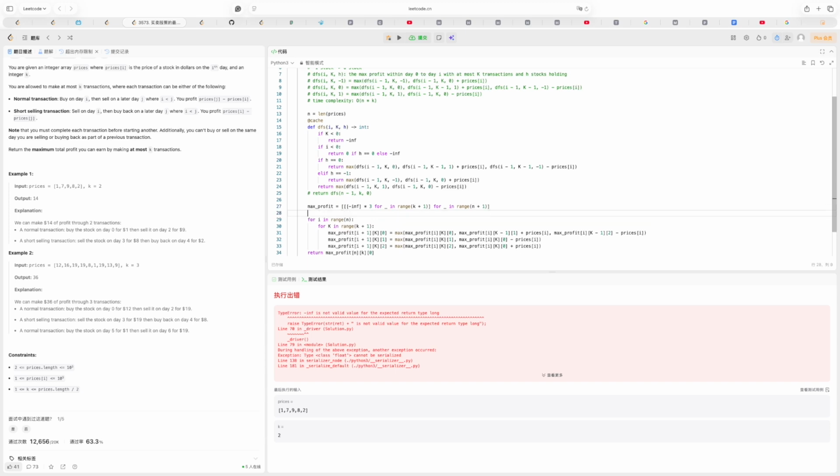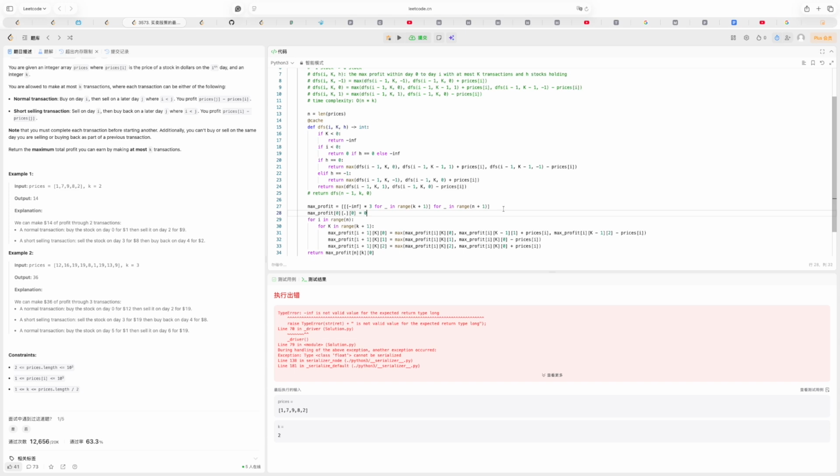We forgot to, for the boundaries, we haven't added a default value. So let's first add this when I is 0, no matter which k, but when h is 0, let's have 0.